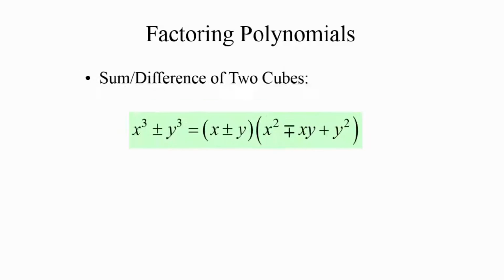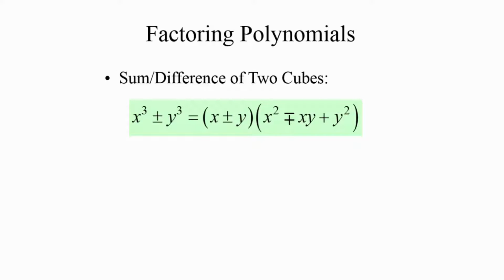Continuing with factoring polynomials. If you have the difference of two cubes or the summation of two cubes, such as you have here x to the third plus or minus y to the third, it would be equal to x plus or minus y times x squared minus or plus xy plus y squared.